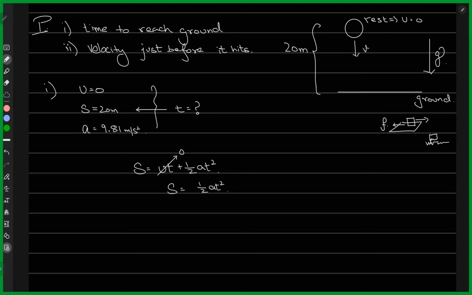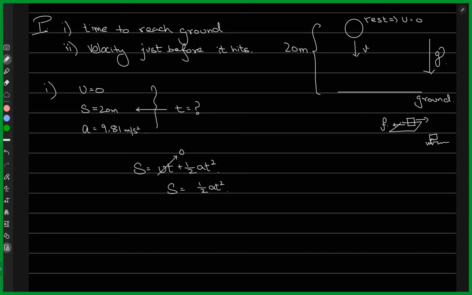Sometimes they ask you to memorize that whenever a ball is released from rest, you use s equals half at squared, and if it is released with some velocity, you use s equals ut plus half at squared. But I would recommend not to go with that. Just understand the physics of the situation at hand, use the most general form of the equation, put in the values, and see what is really happening.